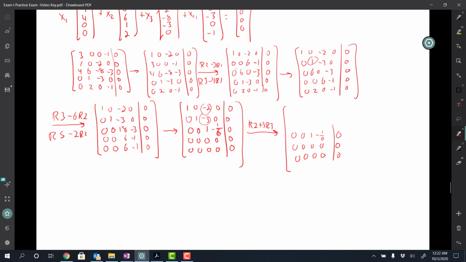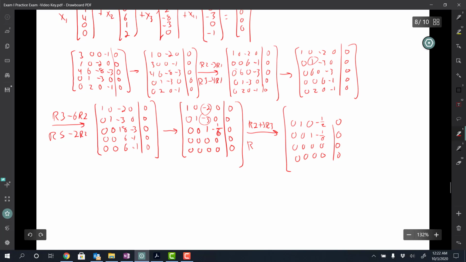Row 2 will now become 0, 1, 0. And I'm taking 0 plus 3 times -1/6. So that's going to be -3 over 6. I think I said 16th there, I mean 6th. So I will take -3 over 6, which is -1/2, and 0.